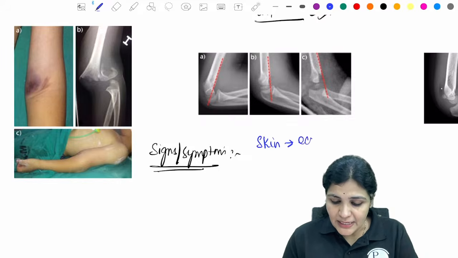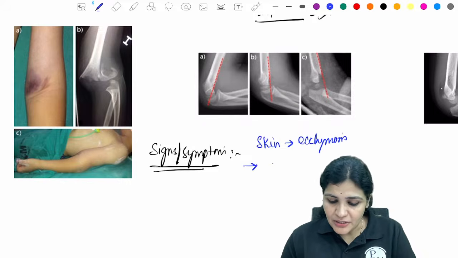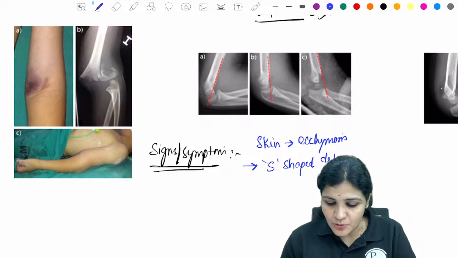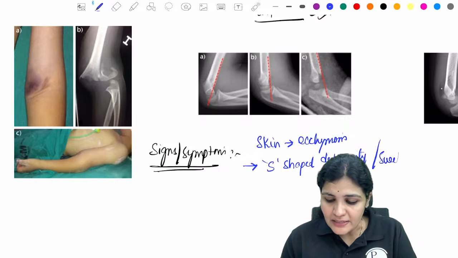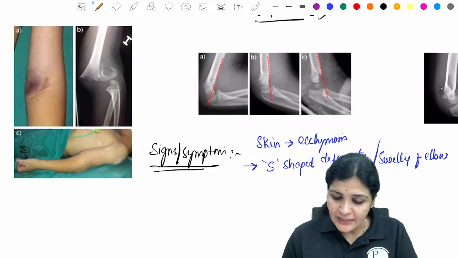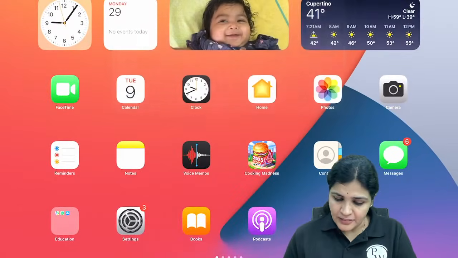You can see an ecchymosis of the skin, and because of the fracture there will be an S-shaped deformity which they present with in the casualty. That is nothing but swelling of the elbow. Whenever there is swelling of the elbow with the S-shaped deformity, you can see that it is a displaced fracture.